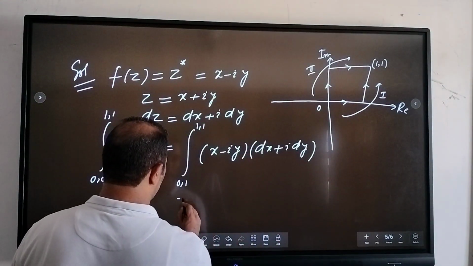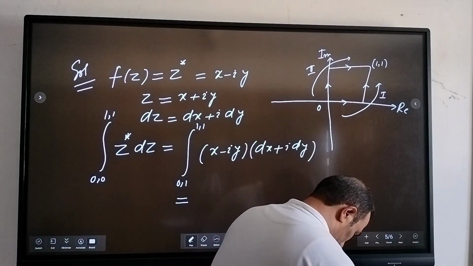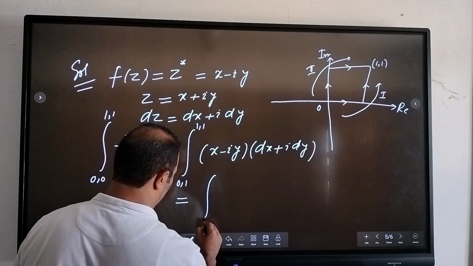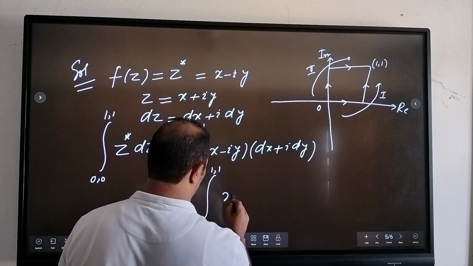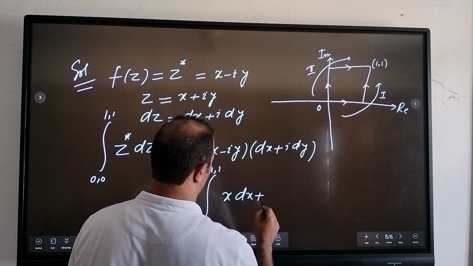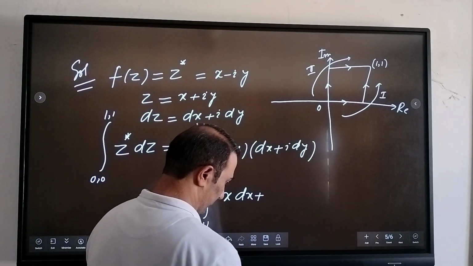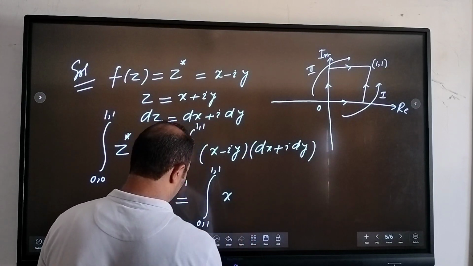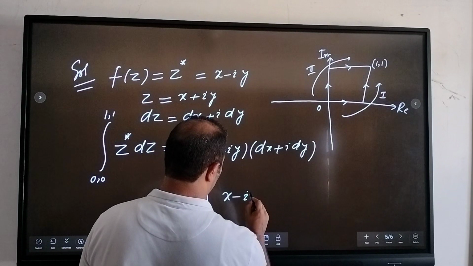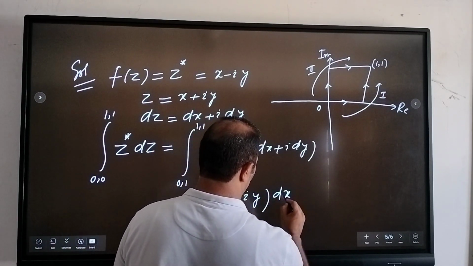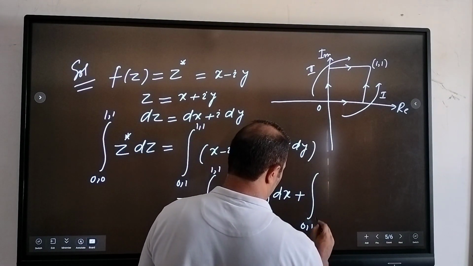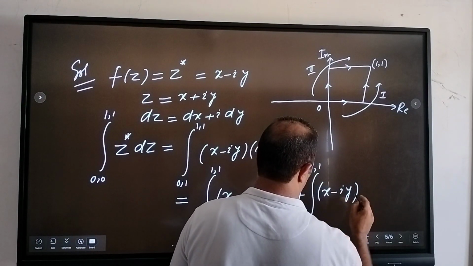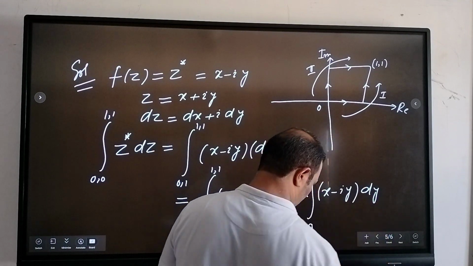So I can rewrite this as, or you can write this as, okay, let's write first separately. Okay, so you can use it like this.